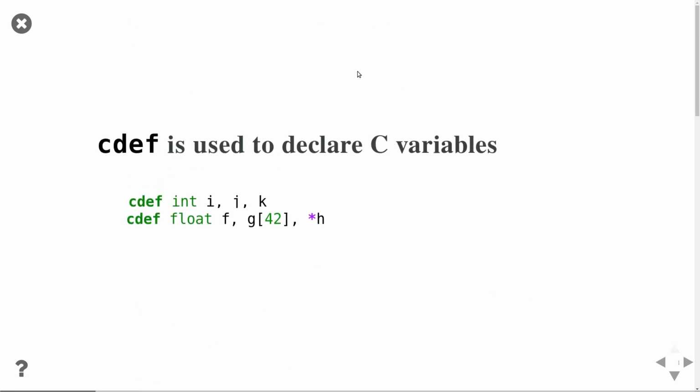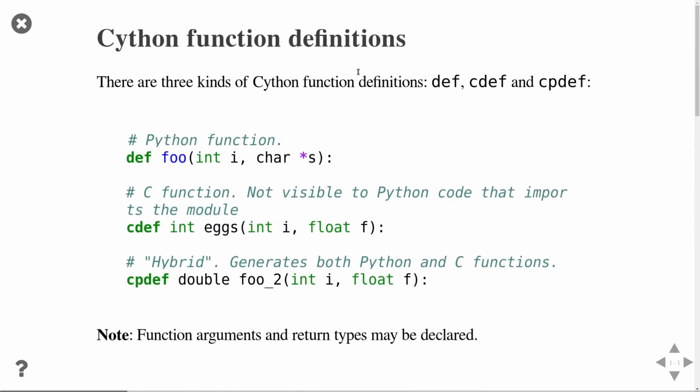Here I showed you how we can define the types of variables. Now I can show you how you can specify the types in functions. There are basically 3 different ways to specify types in functions. The first one: obviously you can just write a normal Python function, and that's also a valid Cython function.